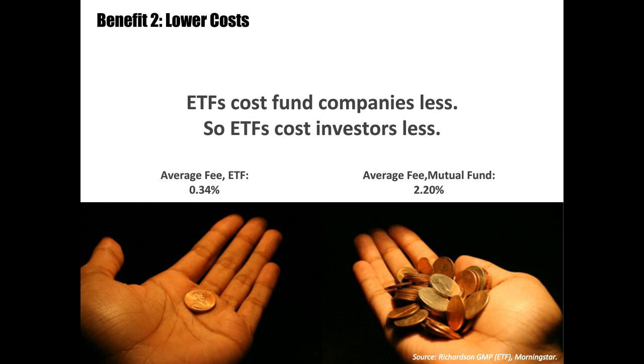You had to wire them money, they had to write down who you were, they had to take your tax information, they had to send you a prospectus, they had to hire analysts, they had to trade stocks, they had to undo all that when you wanted to come out of the fund. With an ETF, you're just buying that ETF from another investor through your brokerage account. All of that record keeping, all of that manual labor is outsourced and borne by the brokerage.